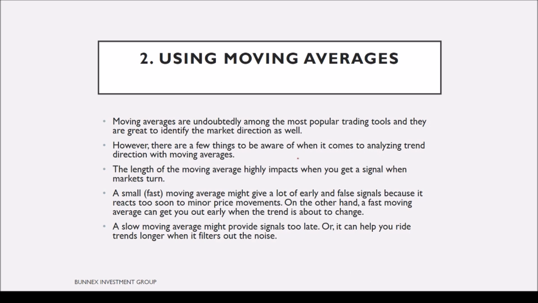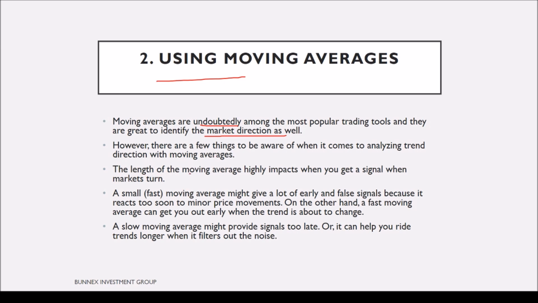The second method of identifying the Forex trend is by using moving averages. Moving averages are undoubtedly among the most popular trading tools, and they are great to identify the market direction as well. However, there are a few things to be aware of when analyzing trend direction with moving averages.